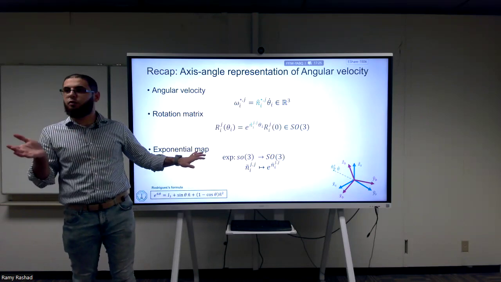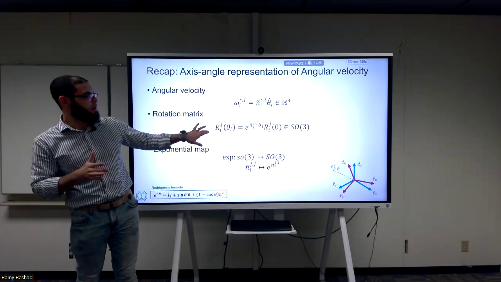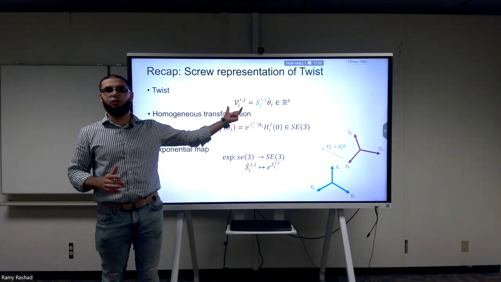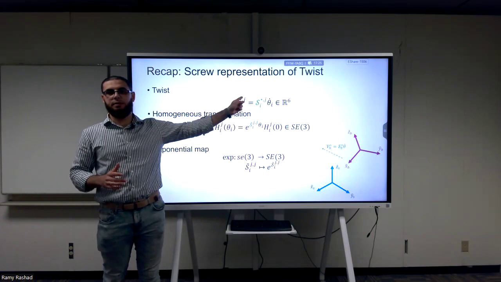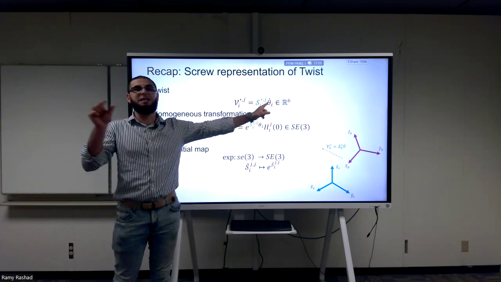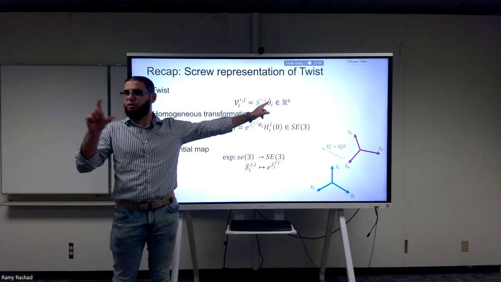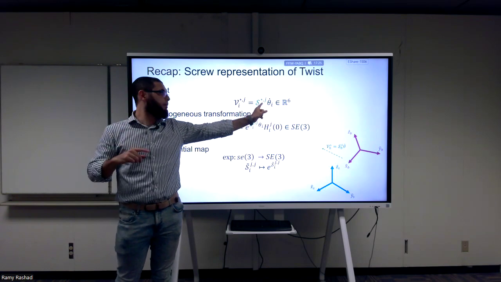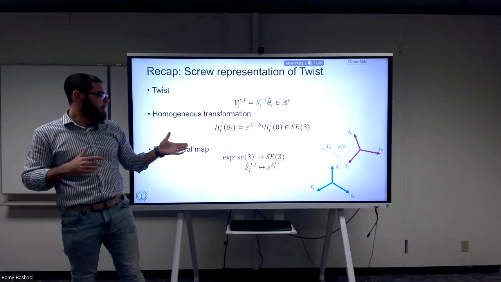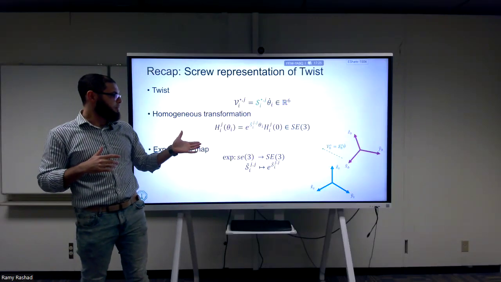By analogy from SO3 to SE3, we would simply have exactly the same idea, that we would represent a twist between any 2 frames, a relative twist between any frames, as, again, some speed. It's no longer just angular, it's just some speed. It's also 1 number. And we have here a screw. And we said that this screw is also a twist.